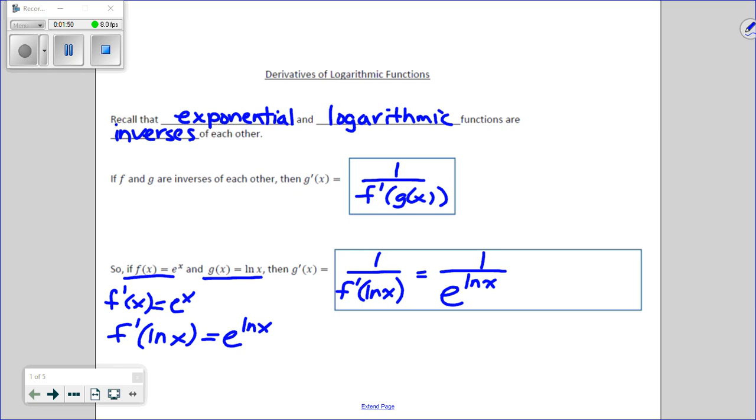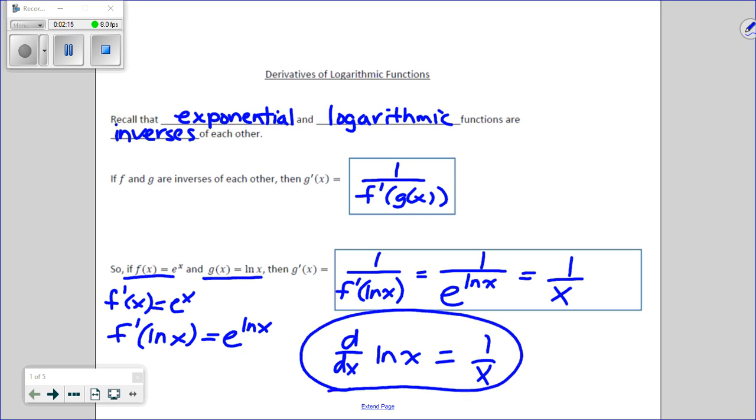And again, because those are inverse functions, e to the natural log of x is just equal to x. So we get a new rule where the derivative of natural log of x is equal to 1 over x. Okay, so this you can add to your list of derivative rules.